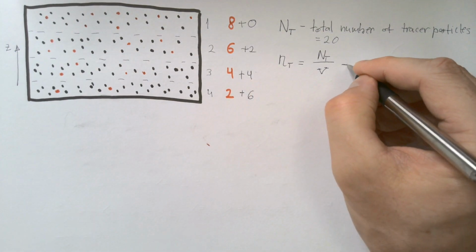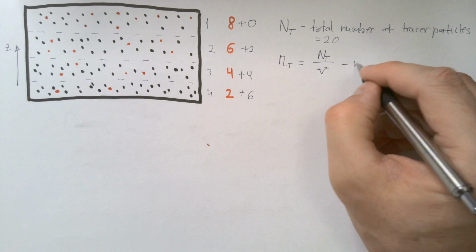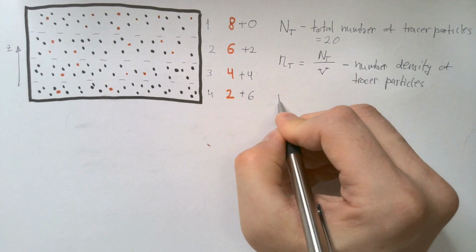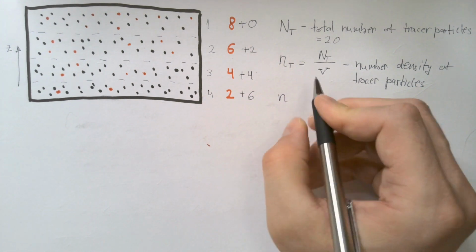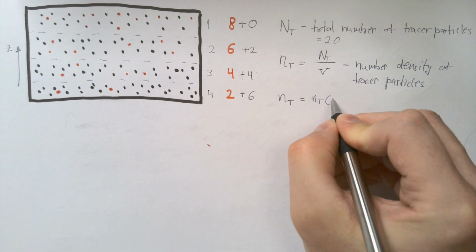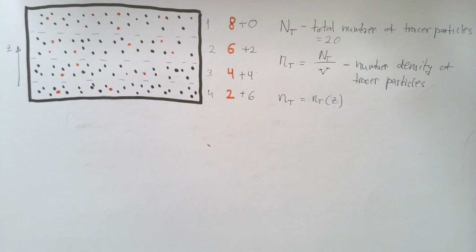And we call that number density. T stands for tracer. And you can see from this figure, that was the whole goal of the figure, that nt is nt of z. It depends on height, z.